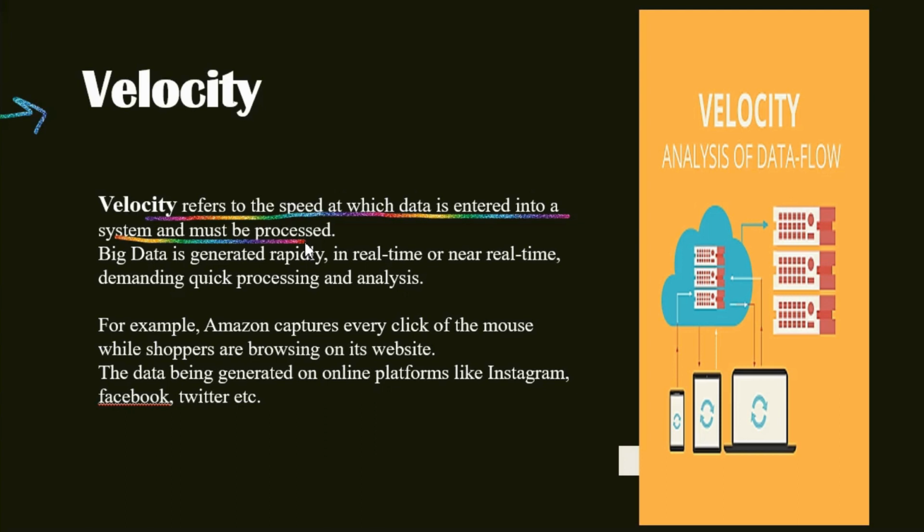What you are doing is generating data. Now what is that data? It can be googling, which leaves clicks or browsing histories, or anyone visiting doctors, which generates history. That means every second we are generating a good amount of data. So the speed at which data is generated is simply known as velocity.